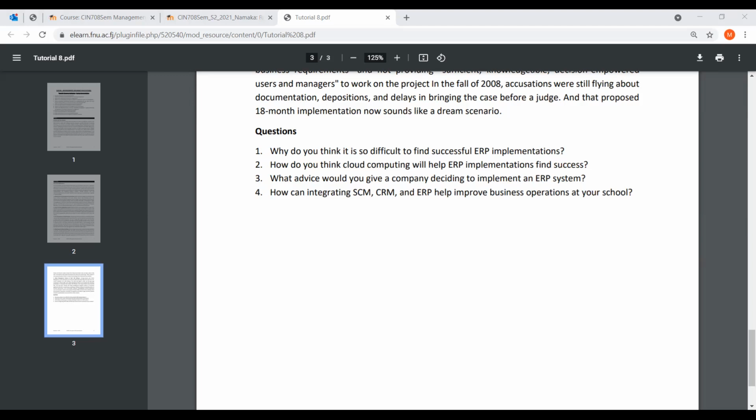Second point, lower cost of implementation.